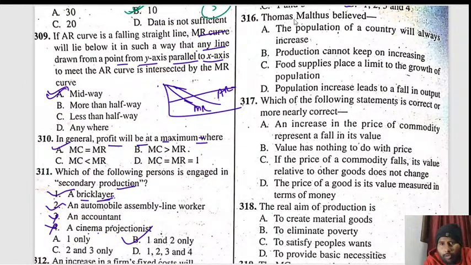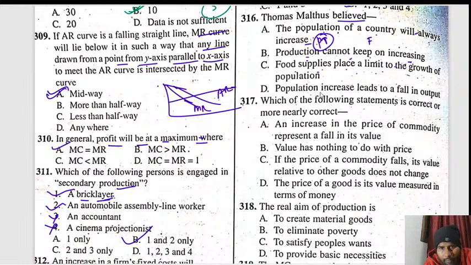Moving ahead to question number 316. Thomas Malthus believed the population of a country will always increase, production cannot keep on increasing, and food supply places a limit. Malthus says that food production increases arithmetically, but population is increasing geometrically. So food supply places a limit to growth of population.